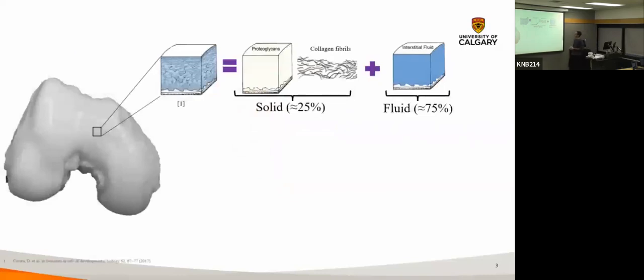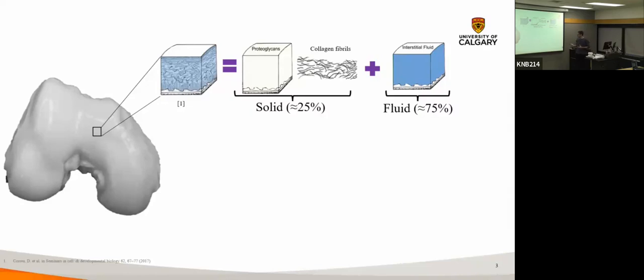In detail, for the cartilage, if you take one cube element of the cartilage, we have 25% solid, 75% fluid. In the solid, there are proteoglycans that are helpful in compression, and we have fibers that are in tension.